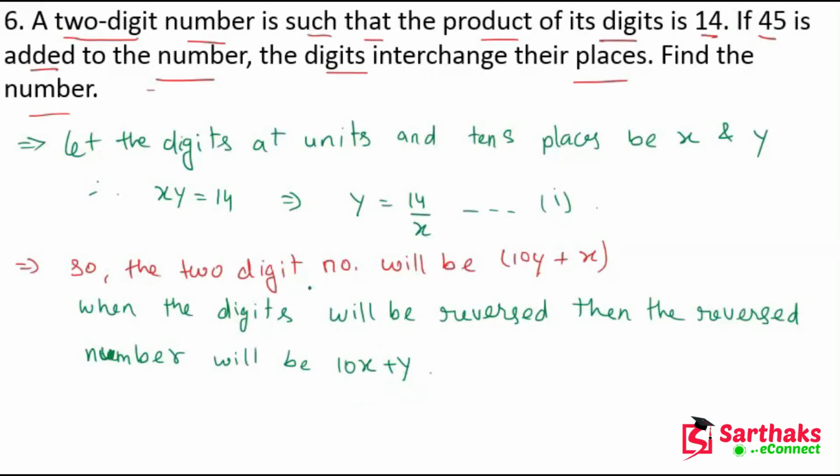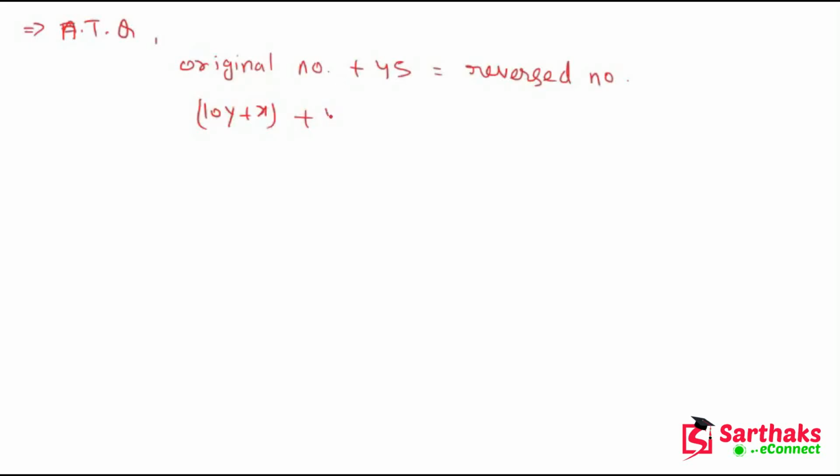So according to the question, we have the original number, we add 45, and we get the reverse number. So the original number is 10y plus x, plus 45, and the reverse number is 10x plus y.